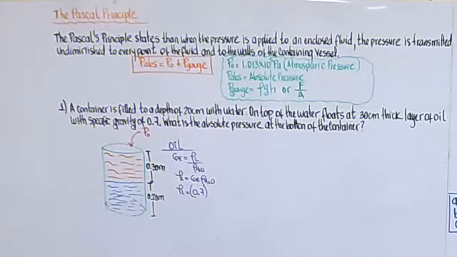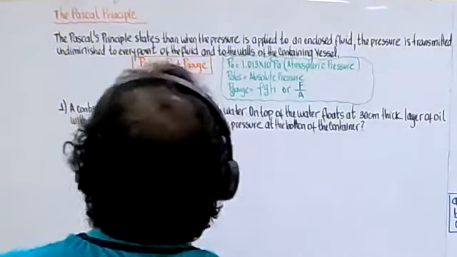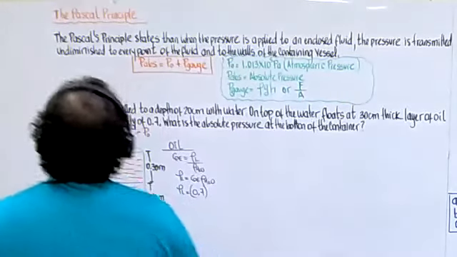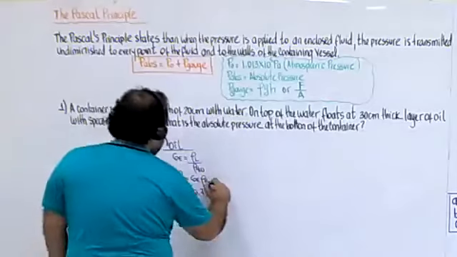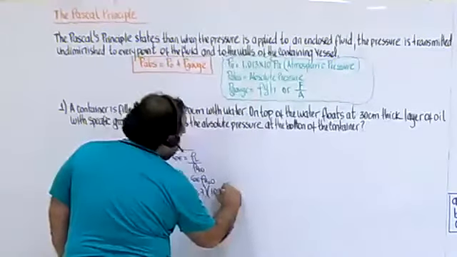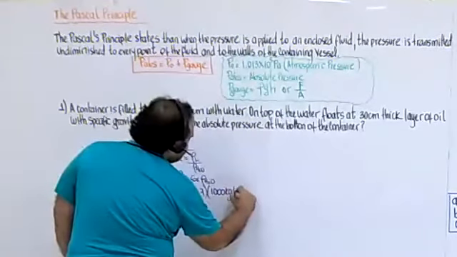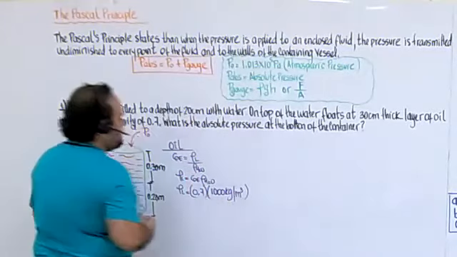Specific gravity equals density of the liquid divided by density of water. And because we're looking for the liquid density, the division passes to multiplication, and we replace: 0.7 times 1,000 kilograms per cubic meter.